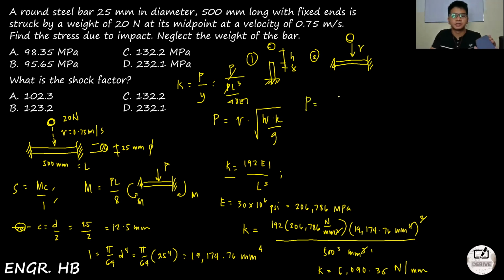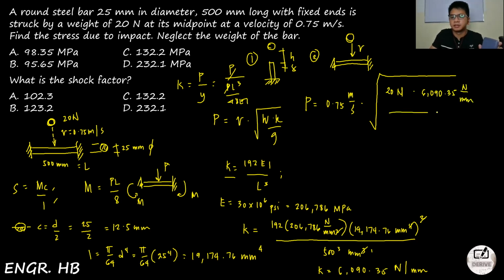So P is equal to velocity, so that was 0.75 meters per second times W. So our W is 20 newtons times 6,090.35 Newton per mm. And of course, 9.81 meters per second squared.